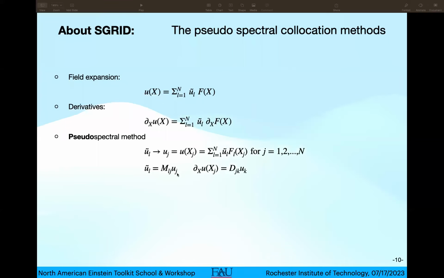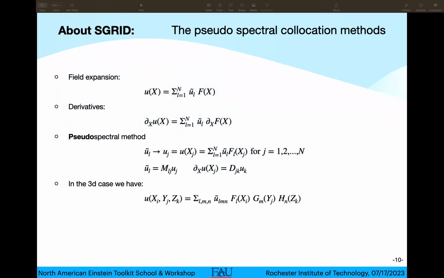It's a simple transformation. It's just a simple matrix. We can go back and forth from one coefficient to another. So in case of this coefficient, also in case of the derivative. So it's not a big deal, but I just want to explain that it is necessary at this point.